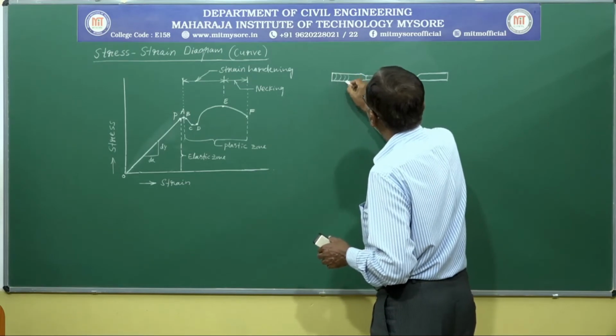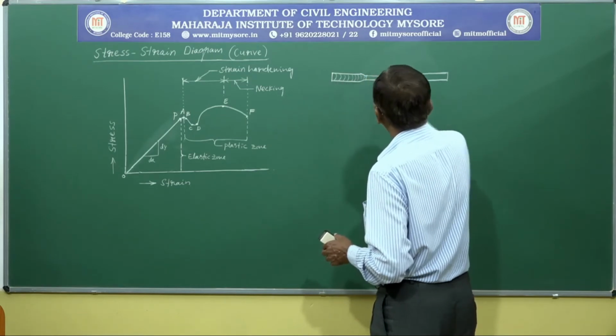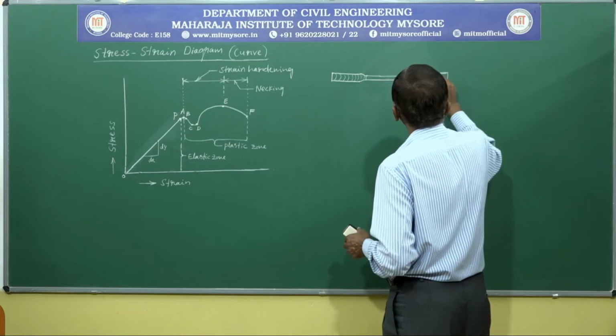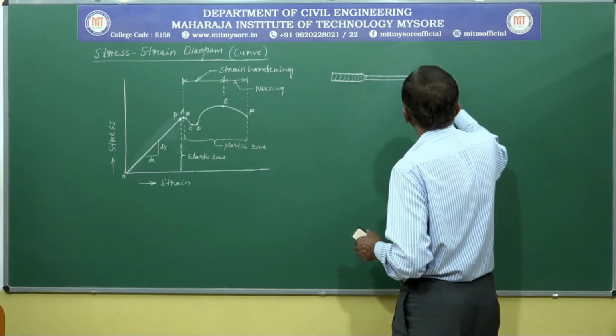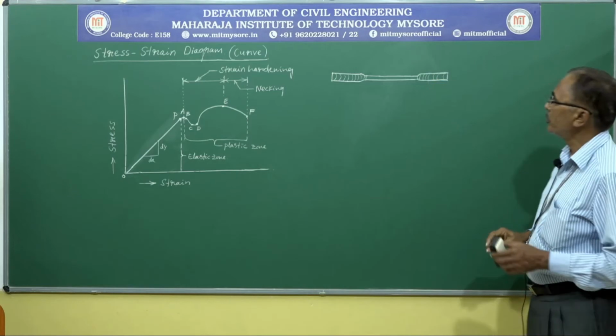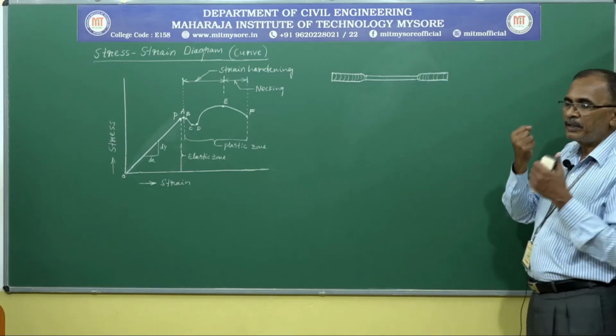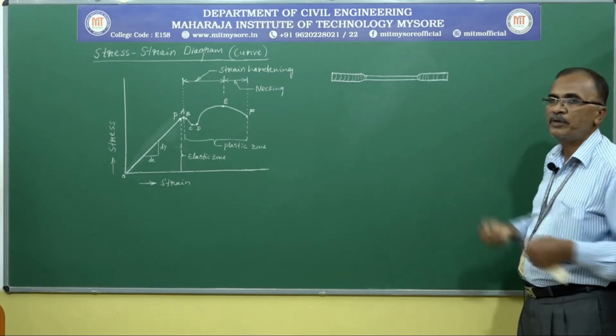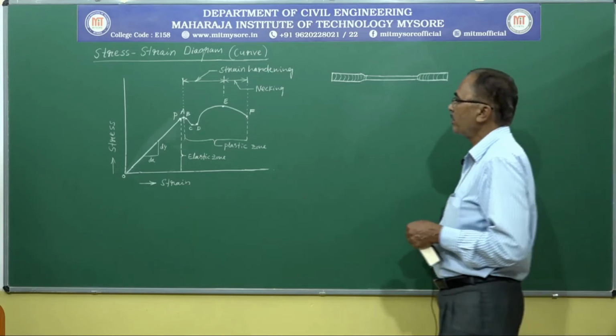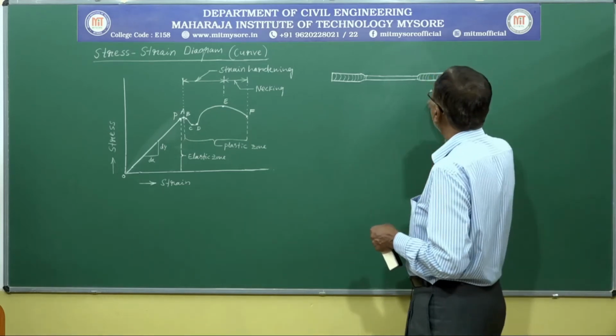Usually the mild steel specimen has grips on the edges, and this grip is to fix the specimen in the universal testing machine for proper gripping, so that it will hold the specimen properly against sliding.